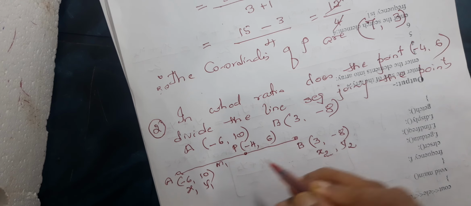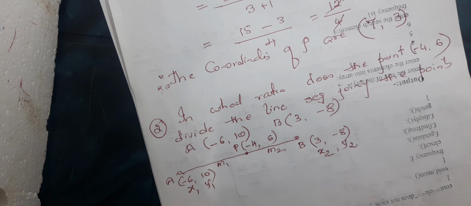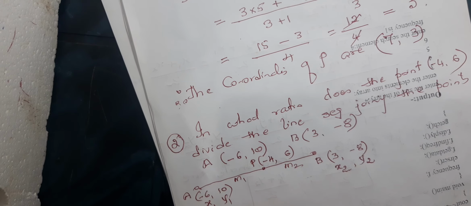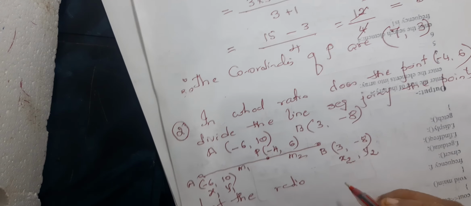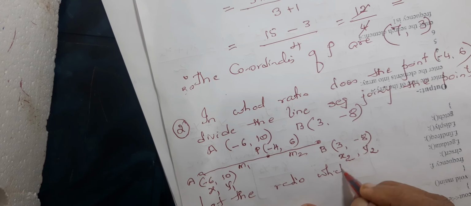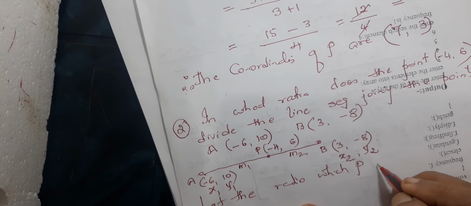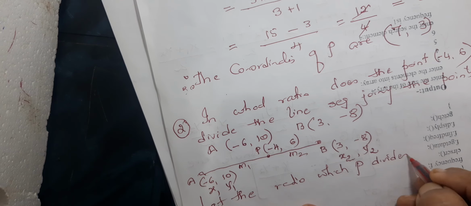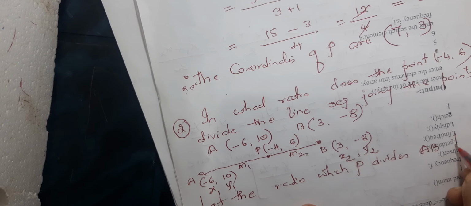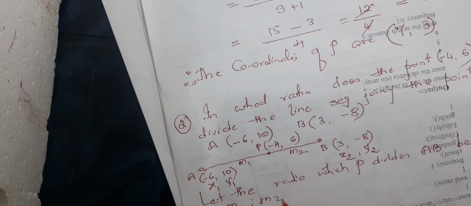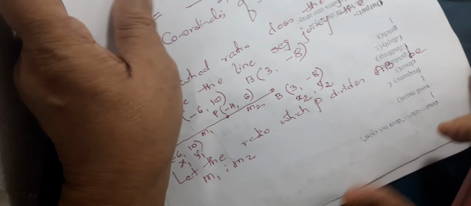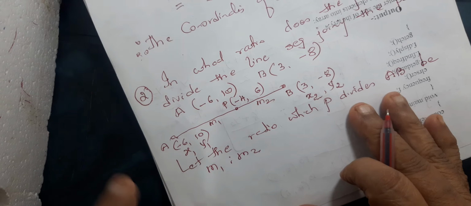So let the ratio in which P divides AB be m1 is to m2.